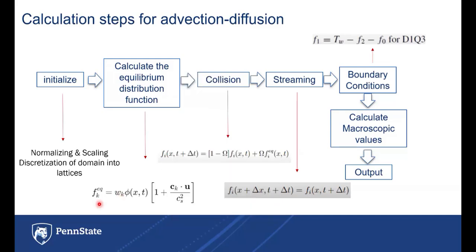The equation we stick to is listed here, and the omega k stands for the weighting factor, and the phi here is the temperature in our case, and the velocity term here describes the motion of the phi.